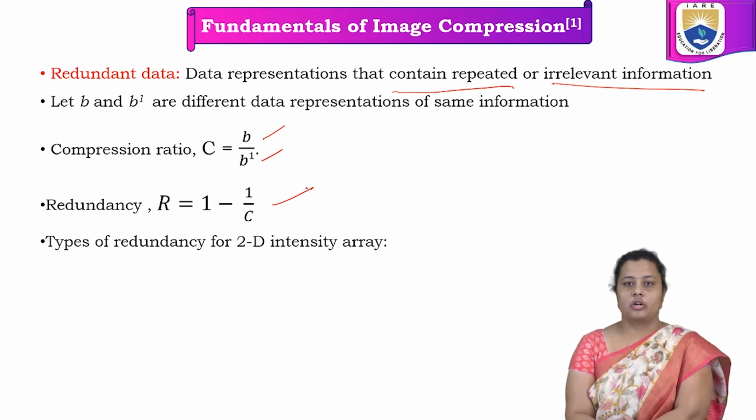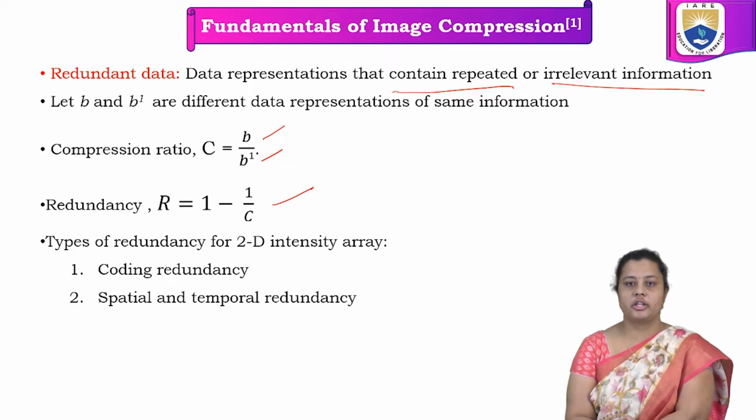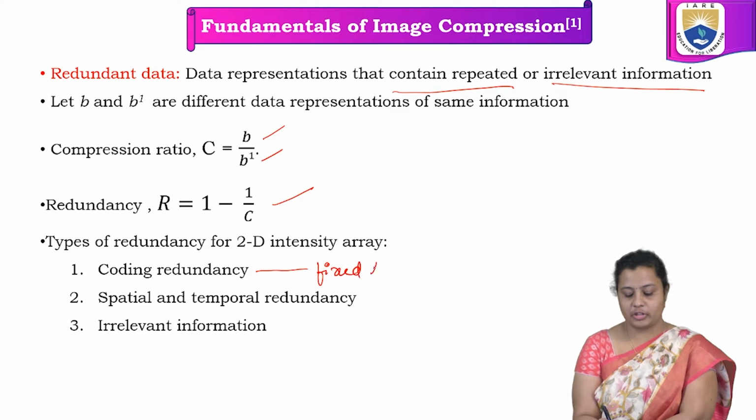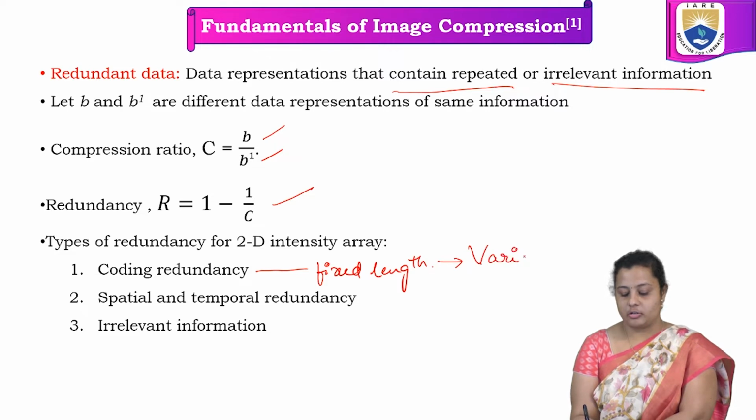Then we talked about the types of redundancy. We said that there are three types: one is coding redundancy, second is spatial redundancy, and third is irrelevant information. To remove the coding redundancy, we said that instead of using fixed length coding, we are using variable length coding.